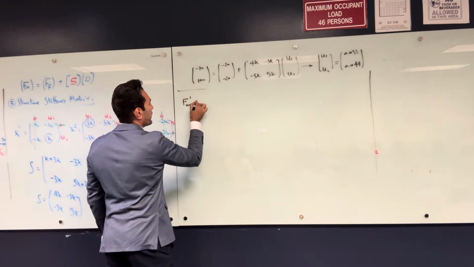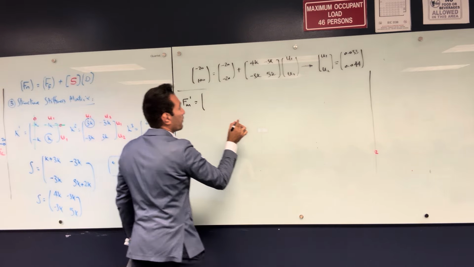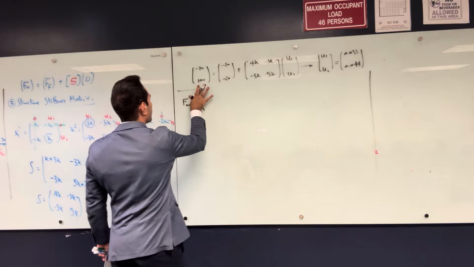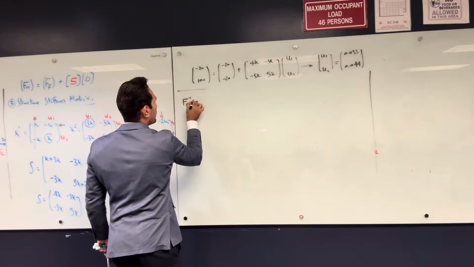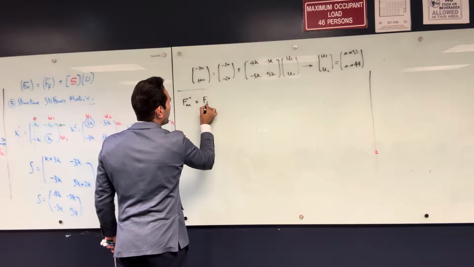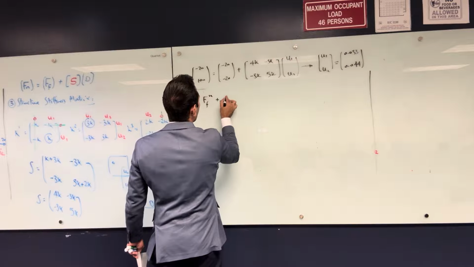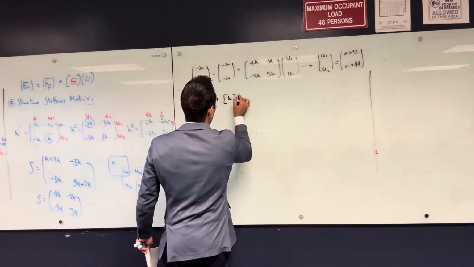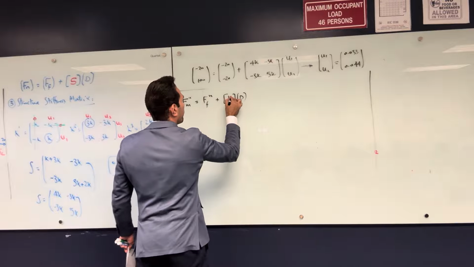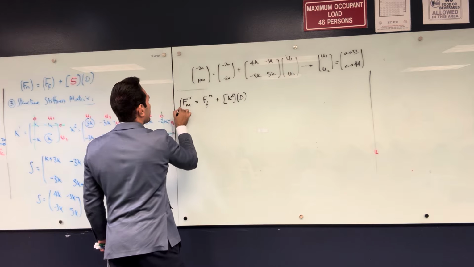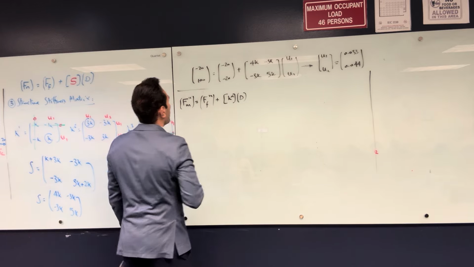F of member number 1 is going to be equal to, let's put the general rule. F at any member n is going to equal the fixed end forces in member number n plus the stiffness matrix of this member times the deformation at this member, Kn. And this is something like this.